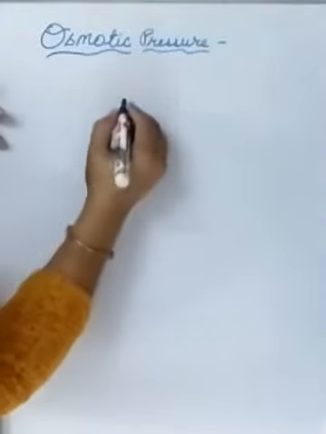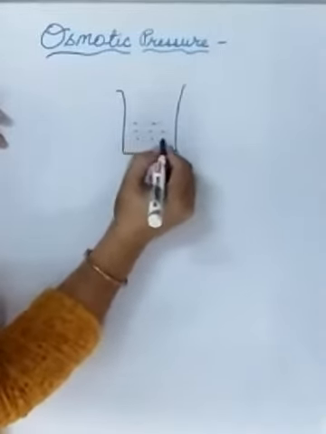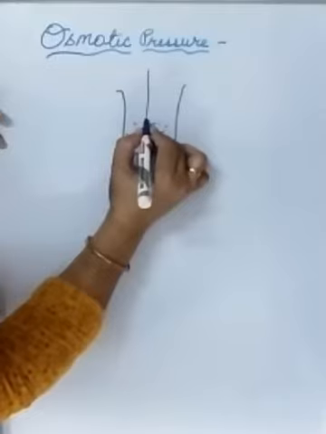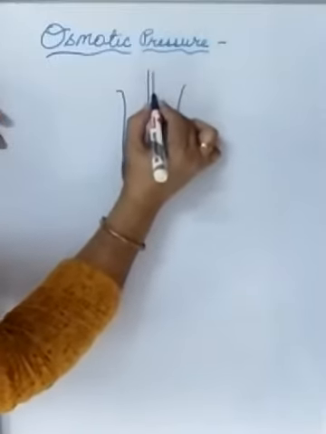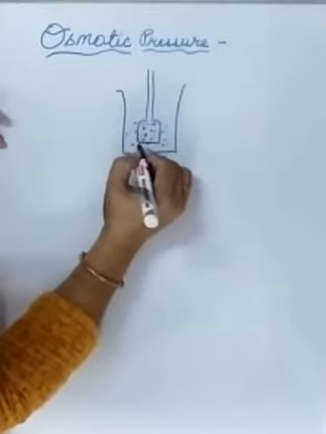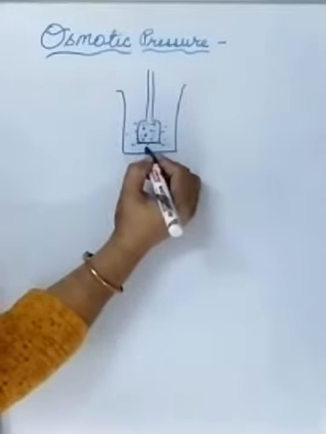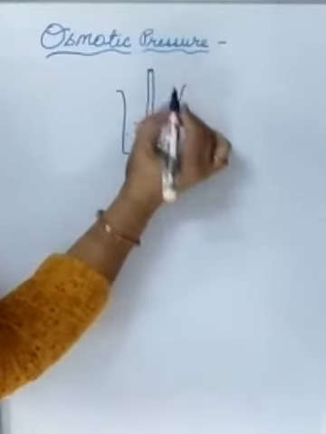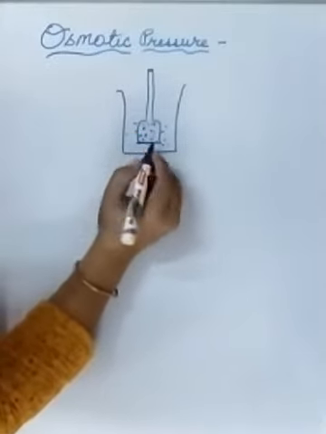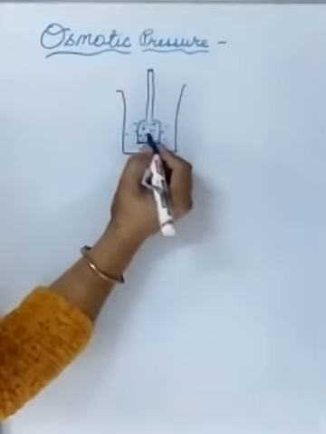As we have seen, if we have a beaker filled with water, in which one thistle funnel is inverted containing sugar solution, and a semi-permeable membrane is fixed over the wide mouth of the thistle funnel, we will find that water molecules will move inside the thistle funnel through the semi-permeable membrane.